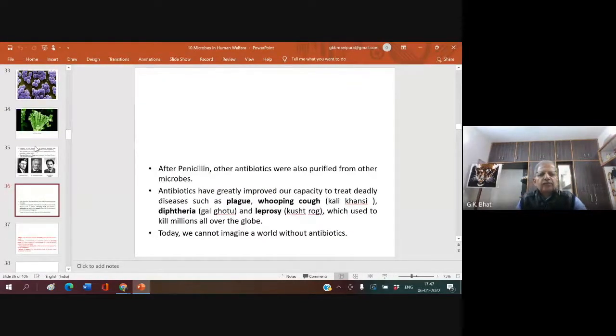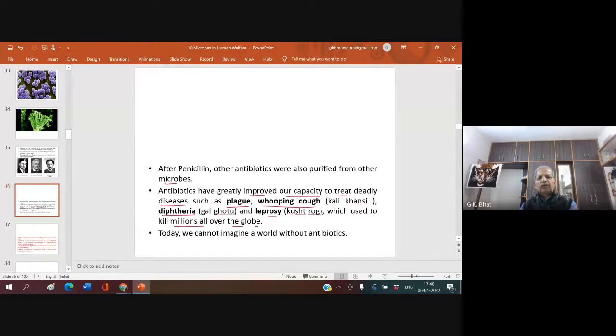After penicillin, other antibiotics were purified from other microbes. Let us see which are these. Antibiotics have greatly improved our capacity to treat deadly diseases such as plague, whooping cough, diphtheria, and leprosy, which used to kill millions of people all over the globe.